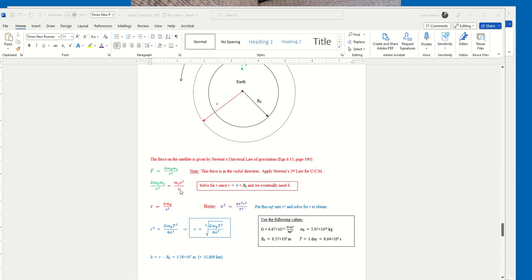Then follow the steps. First, solve for r, but then you've got this v squared. Substitute in this expression for v squared, and you should end up with r cubed equals this expression, so r is the cube root. Plug in the values, get your number for r, then subtract off RE, and you'll get the answer that you should. Let me go ahead and stop this video and post it.